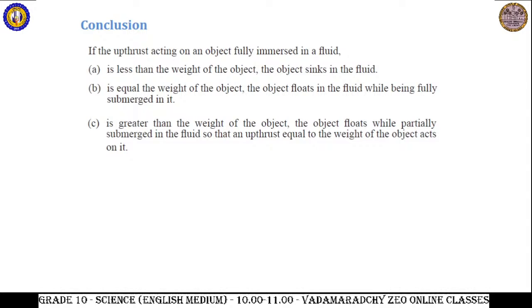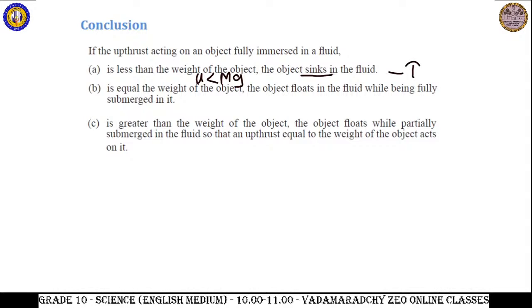From this activity we can confirm that for an upthrust acting on an object fully immersed in a fluid, if the upthrust is less than the weight of the object, the object will sink in the fluid. That is, weight greater than the upthrust, the object will sink. That is the first conclusion.